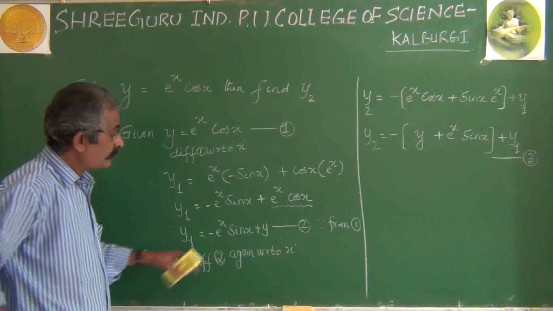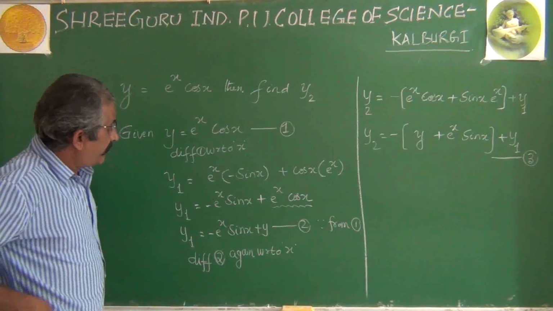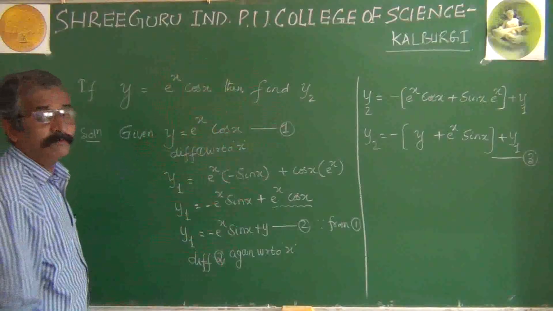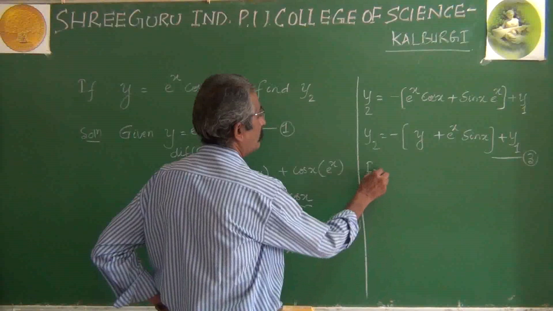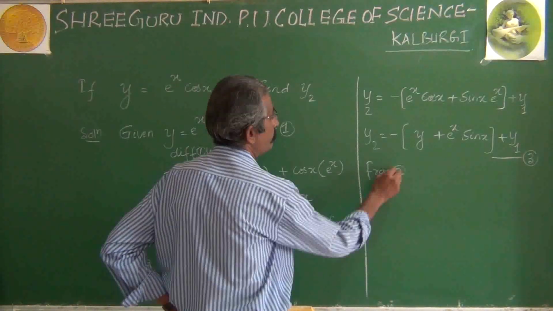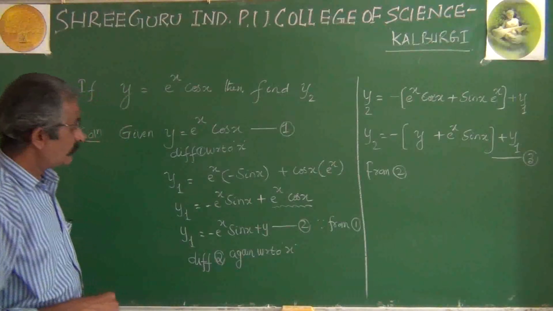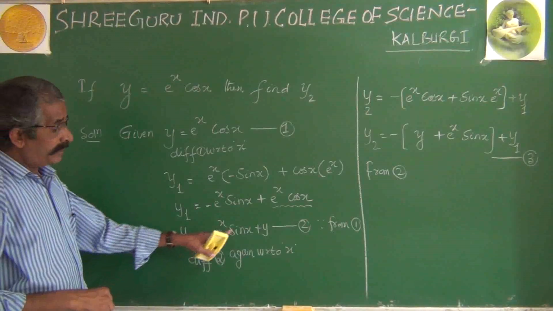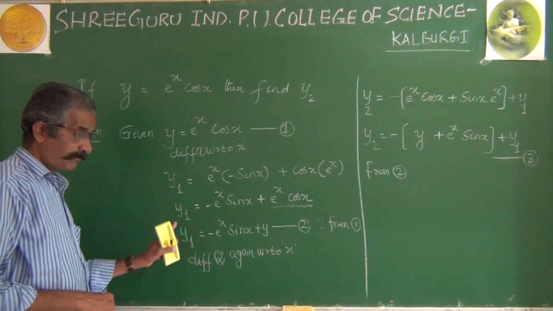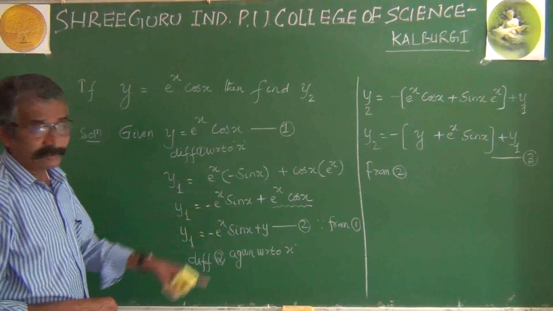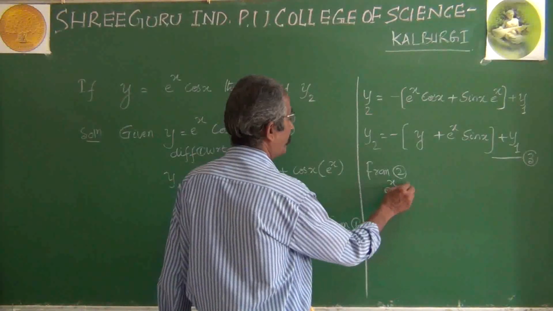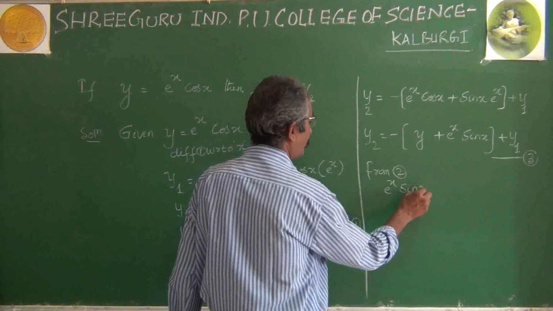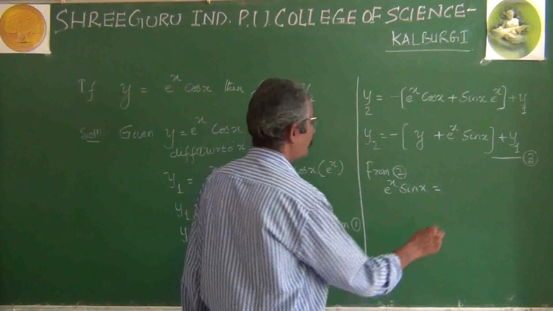Let's use equation 2 for e power x sin x. That value we shall introduce in equation 3. Now write from 2. From 2, minus e power x sin x becomes plus, y1 becomes minus. That means e power x into sin x can be written as y minus y1.